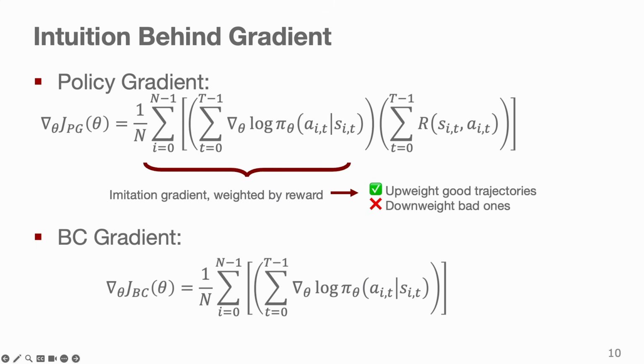All actions get the same weight, no matter if they led to good or bad outcomes. The policy gradient on the top is doing the same thing, but now each trajectory is weighted by the total return. So intuitively, good trajectories get pushed up and bad ones get pushed down.